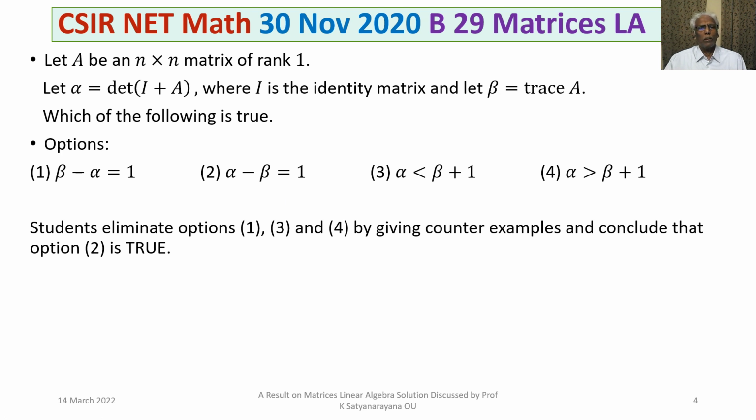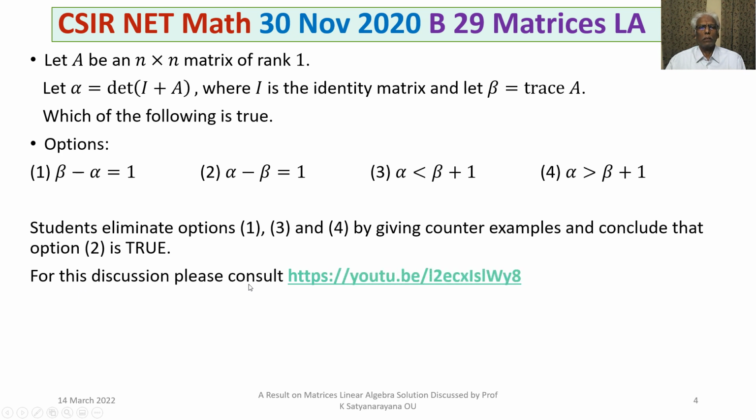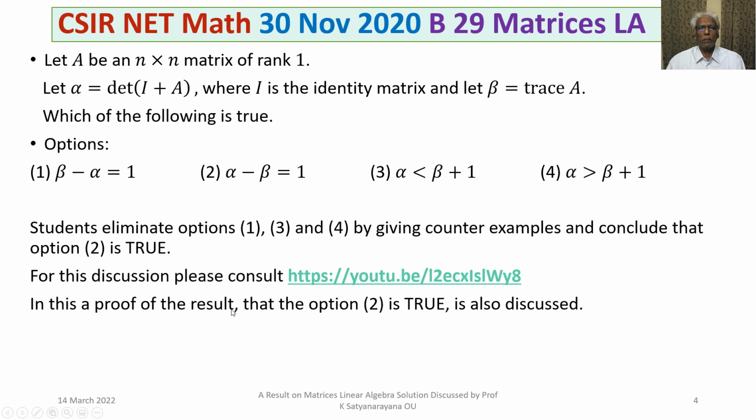But what is interesting is to give a general proof for this result. For this discussion, please consult the video which I have made for this problem, wherein I have also given a proof of the result in the general setup, saying that option 2 is true.